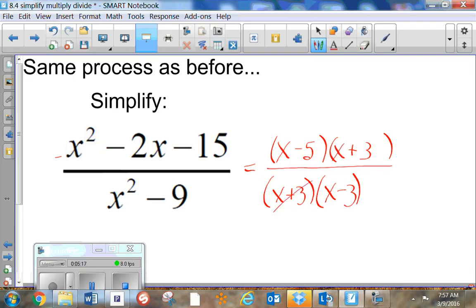Well, this x plus 3 and this x plus 3, common factors. And then what's left is x minus 5 over x minus 3. Can I cancel out those x's? No, because of the subtraction sign. Those are not factors anymore. See, this is not hard. You just got to know how to factor. That's the key to the whole thing.